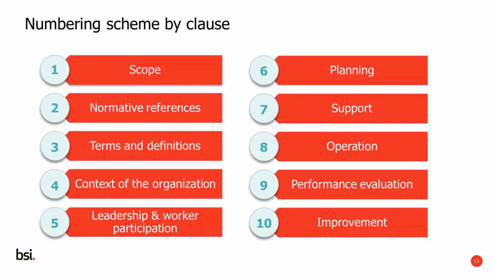So clause 4 looks at the context of the organization, understanding the environment your organization is operating in, setting the strategy, and how to align that with the intended outcomes of 45001. Clause 5 then looks at leadership and workers' participation. This is where you would notice a difference between 45001 and 9001 and 14001, the other management system standards.